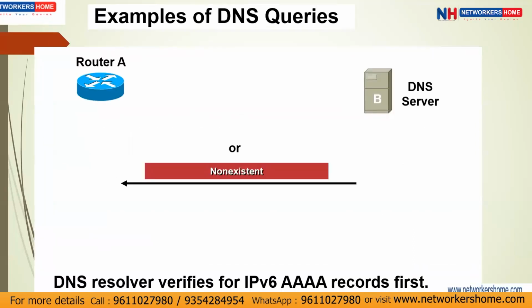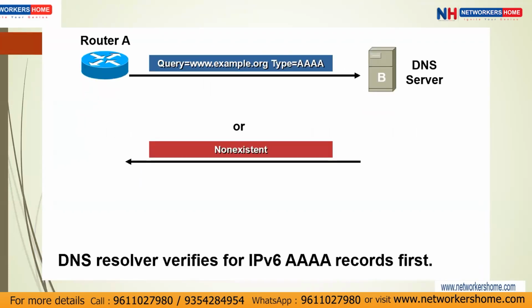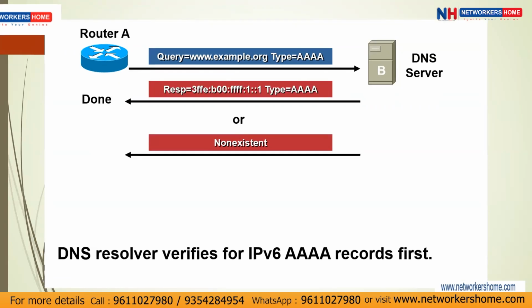Like an example of DNS queries, with a DNS server and router A, first the DNS resolver verifies the IPv6 quad A record first. Then a query is generated for www.example.org type quad A. The DNS resolver verifies the IPv6 quad A record first. Then we have the response.